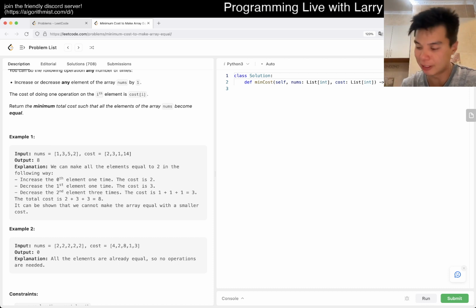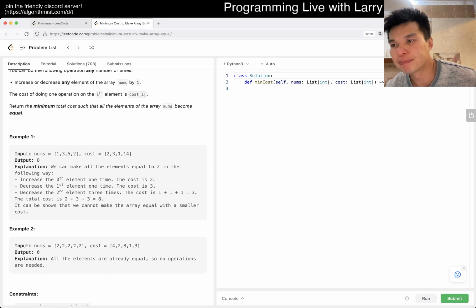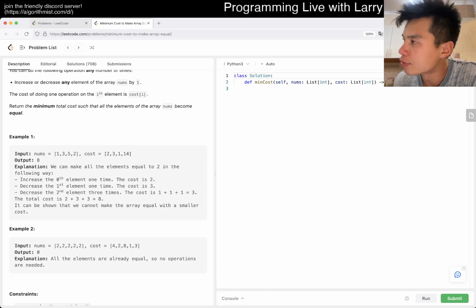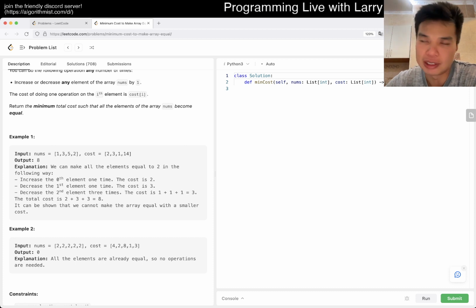But I think the idea is that maybe you could do a proof by contradiction type thing, where if all of them change, then either the cost of the two things are the same, or you're making a suboptimal move.